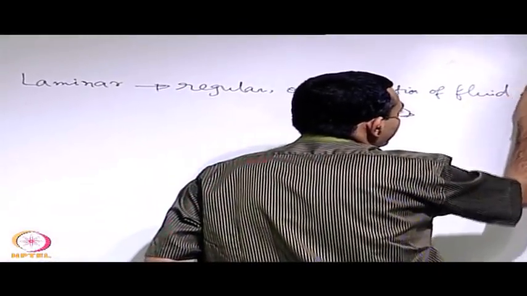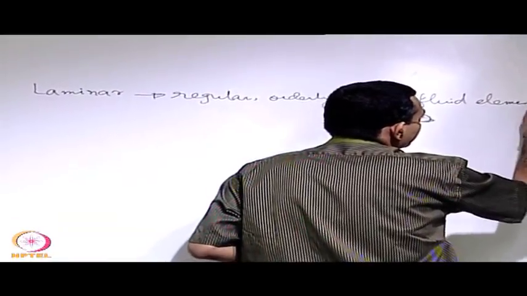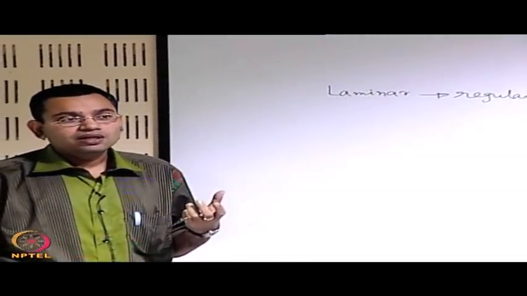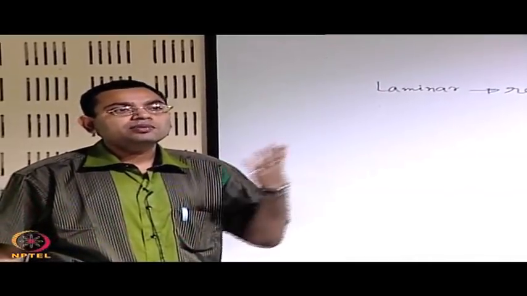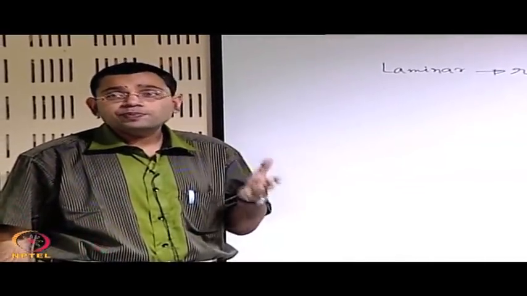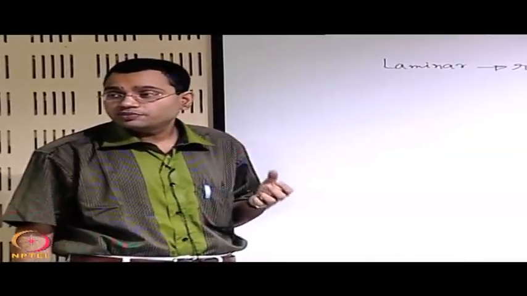This is very qualitative, but in a laminar flow what is happening at least is that if you have a disturbance or perturbation in the flow, the perturbation is not able to get amplified irrespective of the level of disturbance. That is very important.